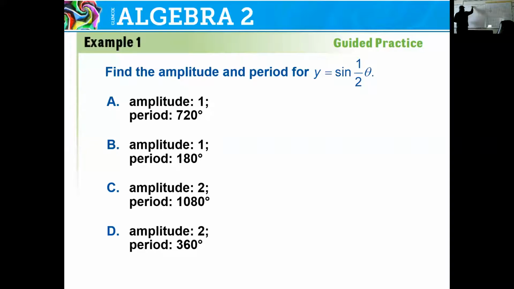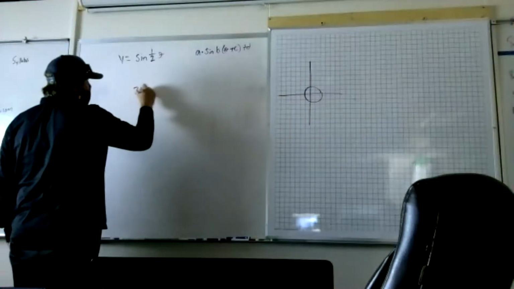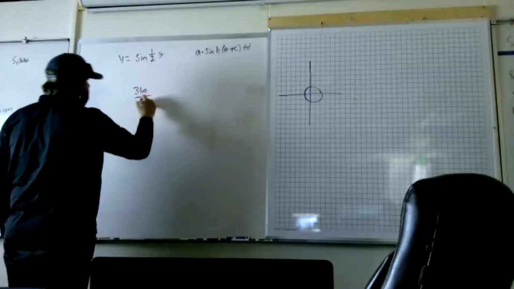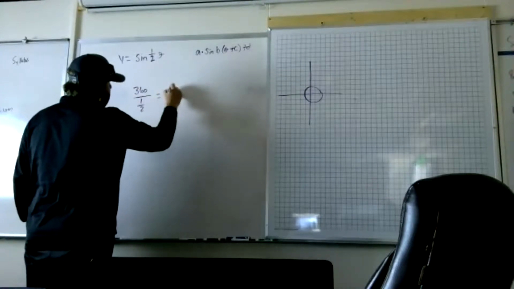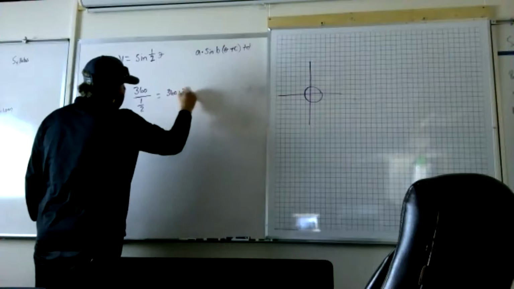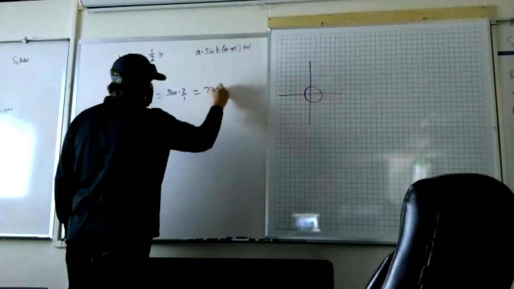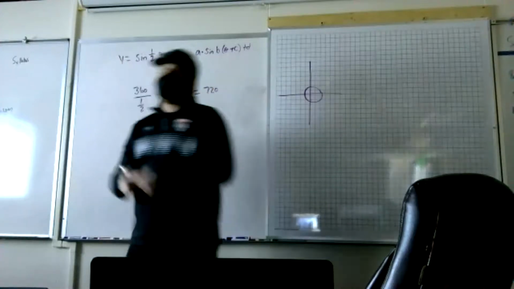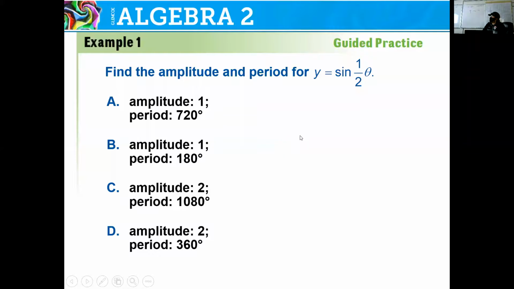So our amplitude is 1, so we can eliminate answers C and D. To find our period, once again, you take 360 or 2 pi if it's in radians, divided by the absolute value of B, so 360 divided by 1/2, which is 360 times 2/1, because we flip to its reciprocal and multiply, which gives you 720 degrees. Okay, so this one should be answer A. Amplitude of 1, period 720.